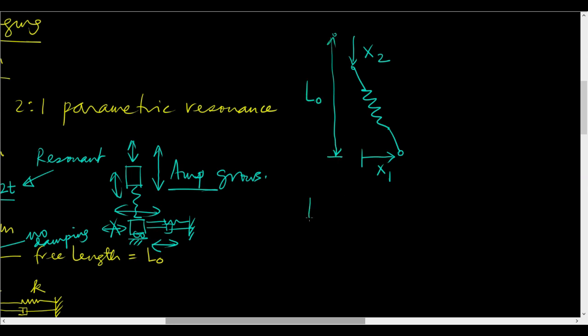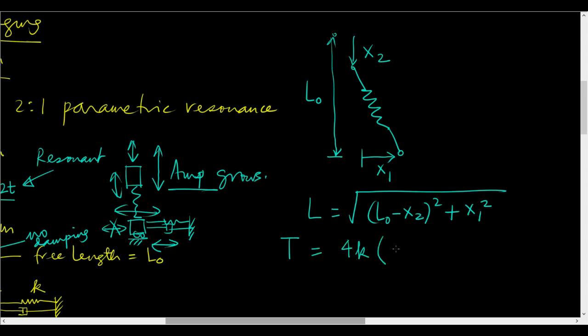The new length L is equal to the square root of (L0 minus x2) squared plus x1 squared. The tension in the spring is equal to 4K times (L minus L0). That's the tension.